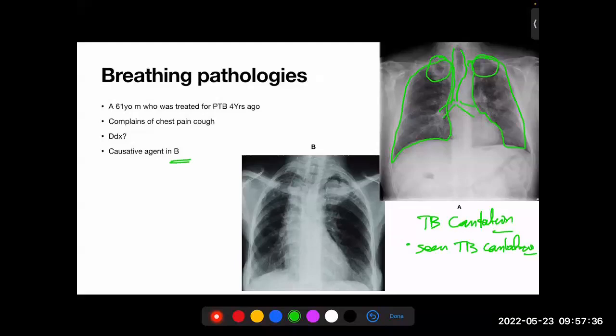What are the causes of all the aspergillus diseases? Yes, Aspergillus fumigatus, but you also have others. Someone said Aspergillus flavus, but it's Aspergillus fumigatus. So Aspergillus fumigatus is the causative agent.